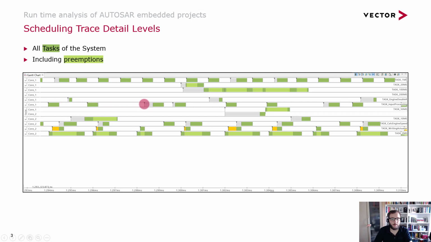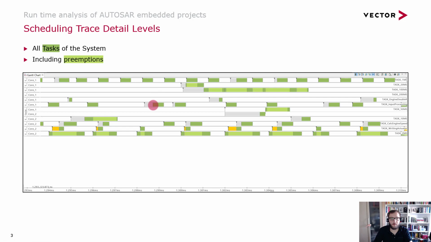At the point in time where this task is getting activated, another task, which seems to have a higher priority, is already running on this core. So this task is getting to run only after the task 1 millisecond is terminated. That's what you can see here.